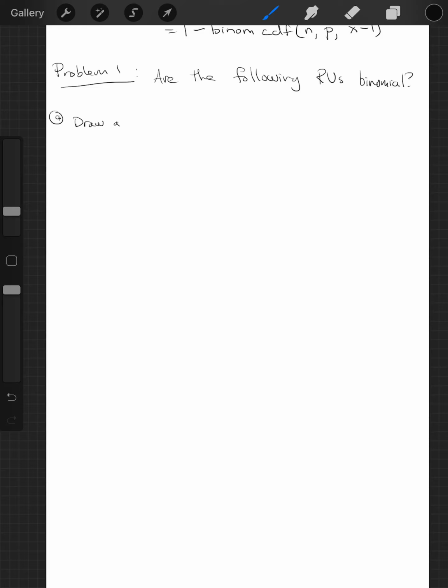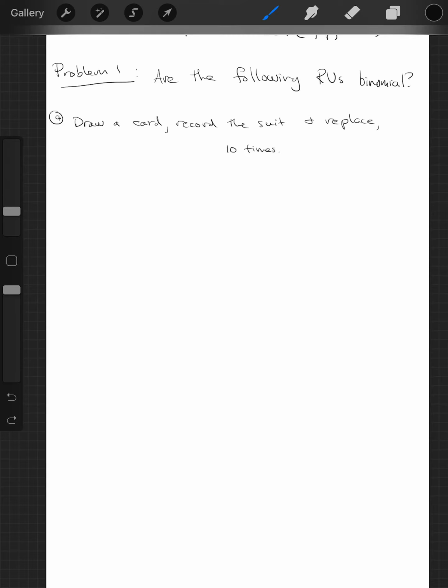A: draw a card, record the suit, and replace, 10 times.